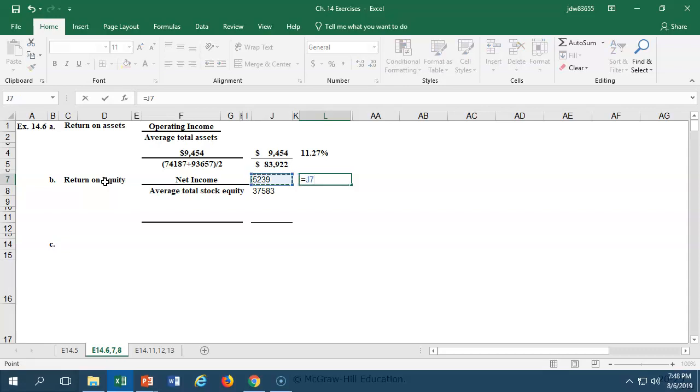Take the net income divided by average stockholder equity, and it should be 13.94%.